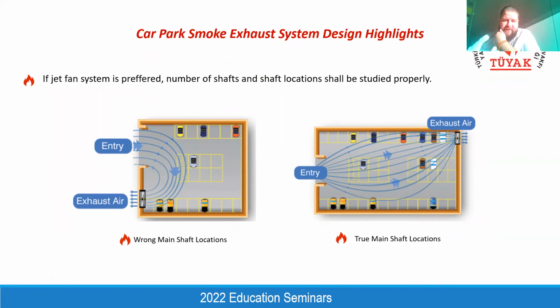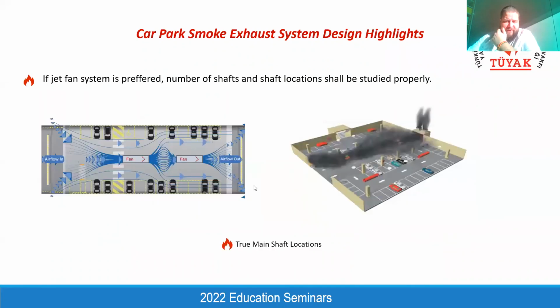If you don't know anything, the mechanical designer will require a maximum number of shafts to stay on the safe side of the design. But if you know this, you can discuss with them and optimize the design as well. You can see the true shaft locations here.